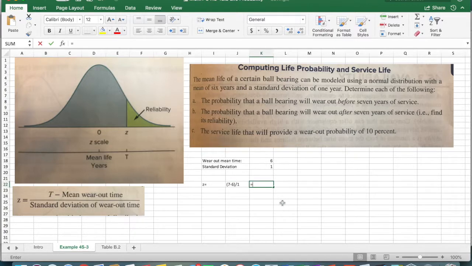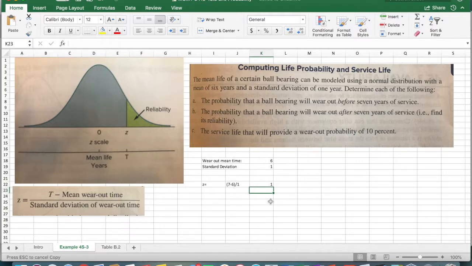So 7 minus 6 divided by 1 is 1. That gives us the Z value. But we need to know what the area under this curve is up until this Z point, so basically everything in blue on this chart.